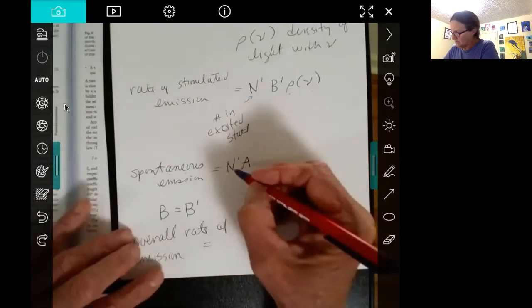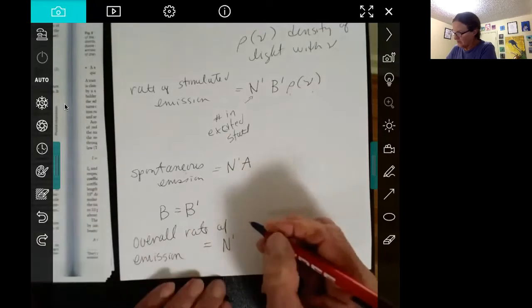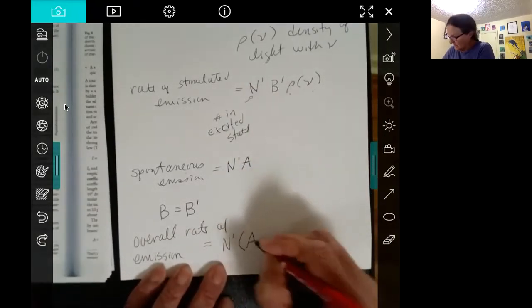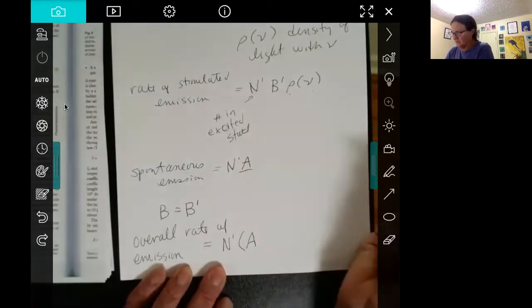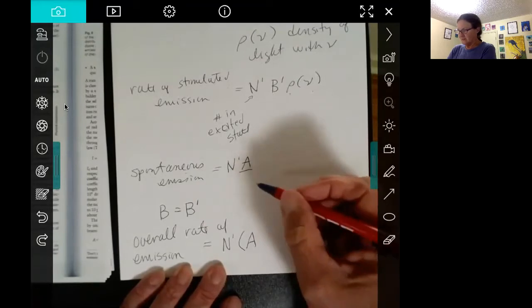Each of those is proportional to the number of molecules. So if I pull that N prime out front, the number in the excited state, then it will be multiplied by A, which is simply the coefficient for spontaneous emission.